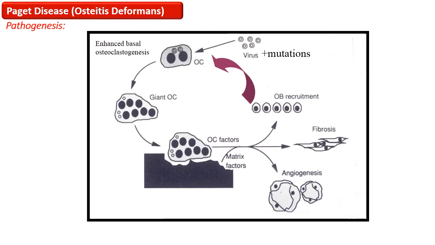The newly recruited osteoblasts, recruited due to the action of the osteoclastic factors released from the giant osteoclast, are now responsible for further osteoclastogenesis. Hence this destructive circle continues.